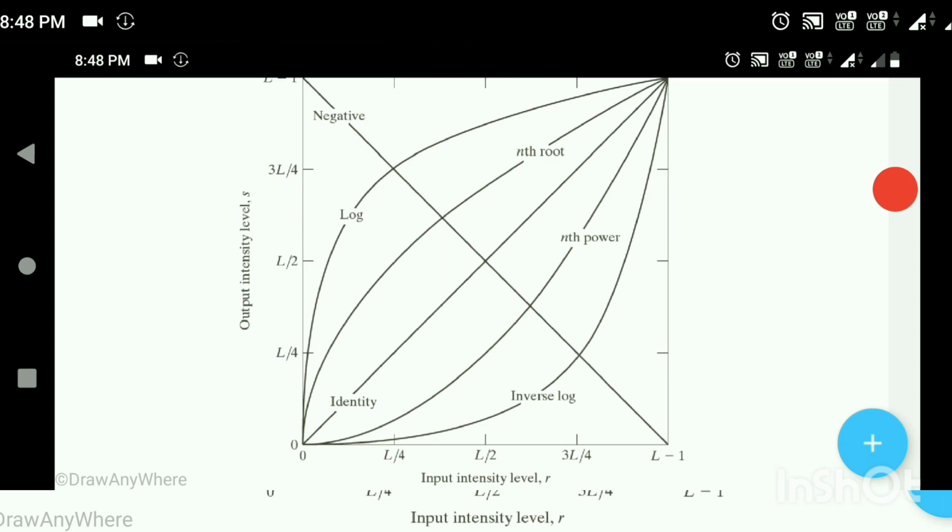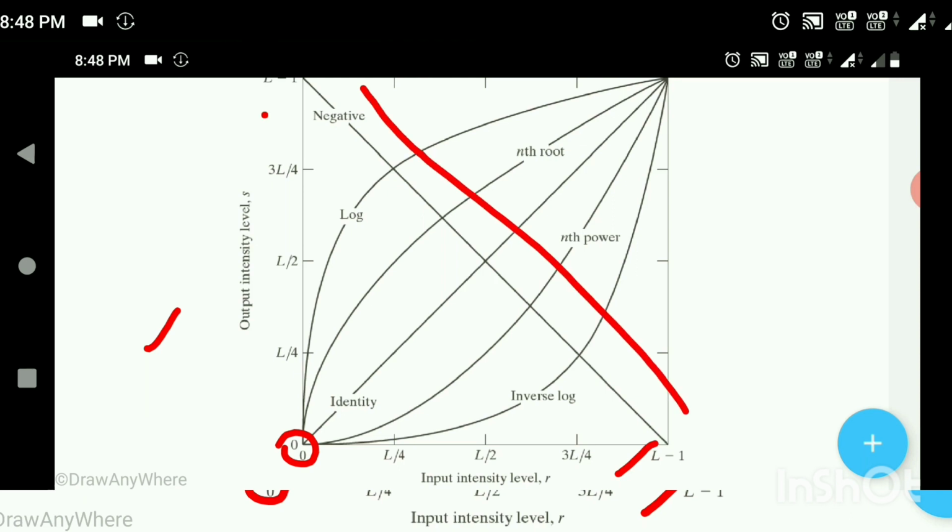R is the input values and S is the output. Here, the line is the negative: when R equal to 0, S is equal to L minus 1, that is 255. Whenever R is equal to 255 or L minus 1, S is equal to 0. This is nothing but the negative of an image.